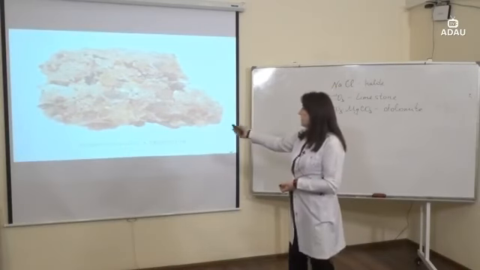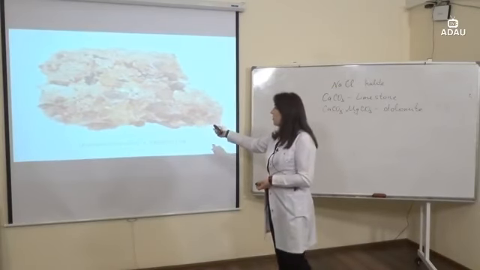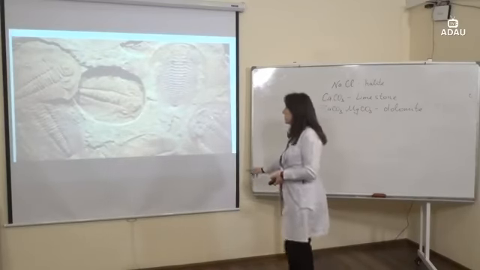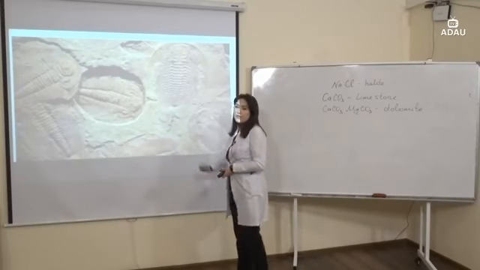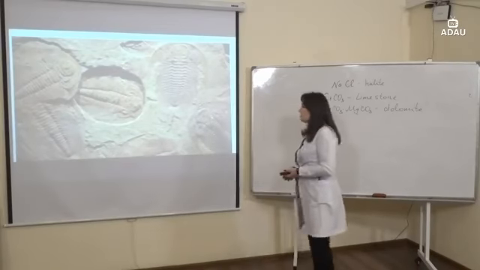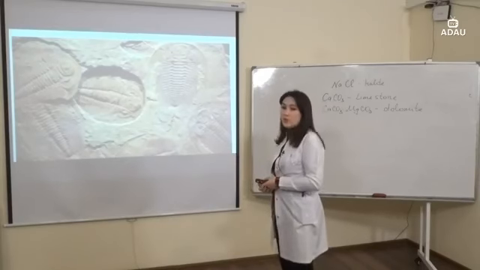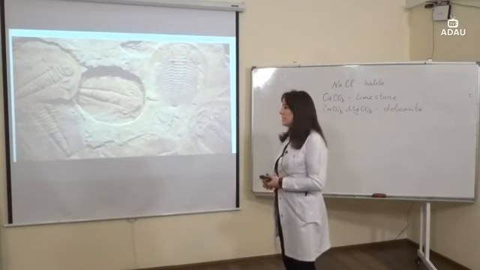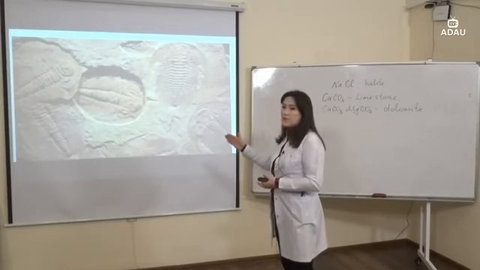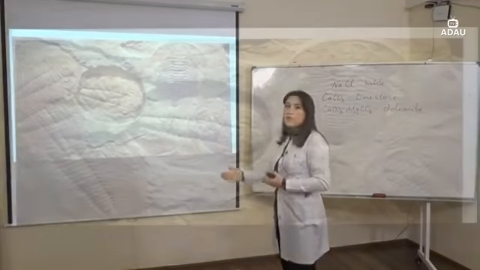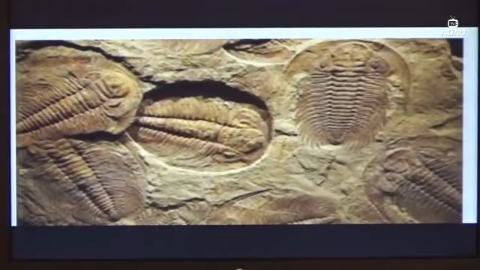This is a sedimentary rock, conglomerate. Here are fossils, organic debris in the rock. Next time I will talk about metamorphic rocks, and we understand that fossils can be found only in sedimentary rocks, because igneous and metamorphic rocks form under high temperature.